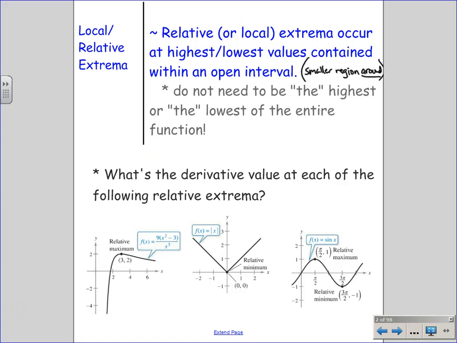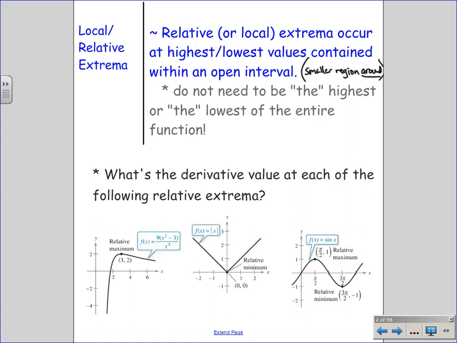Something has to be the highest or the lowest coming from two directions, not just one. It does not need to be the highest or the lowest of the entire function or the entire domain that's been studied. It just needs to be a highest or a lowest.